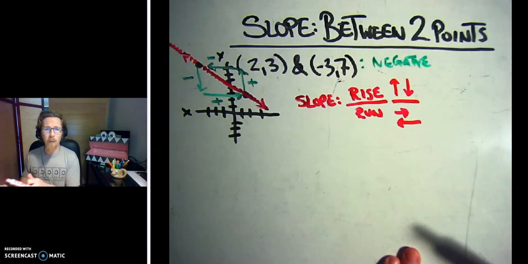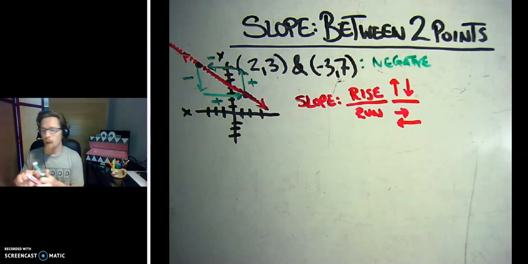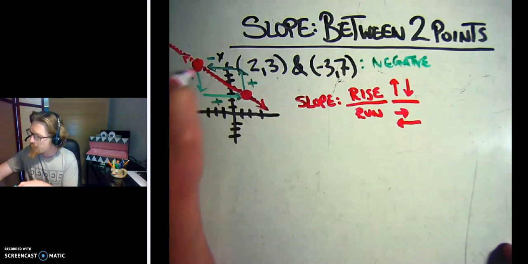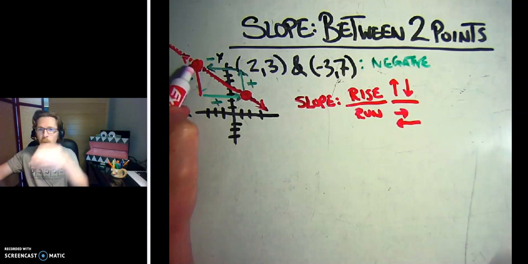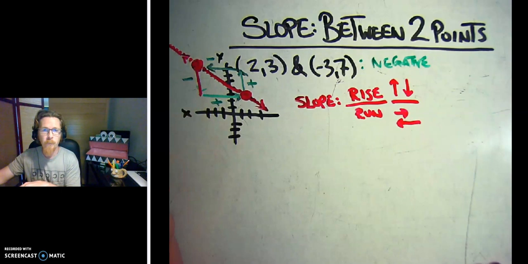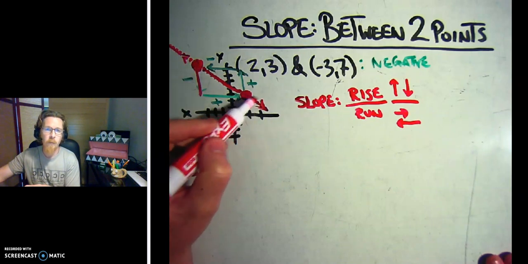Now let's think about how we can figure out this down and over situation. To get from this point here to this point here, I have to go down a certain amount. Now, when we measure the height of something, we're referencing the y value. And so if I want to take this distance, I can figure out where this is on the y and where this one is on the y.